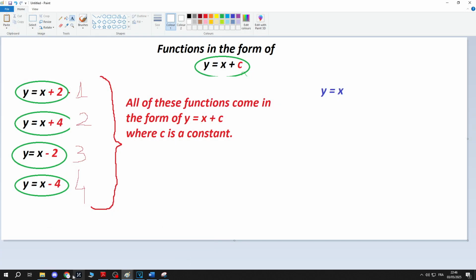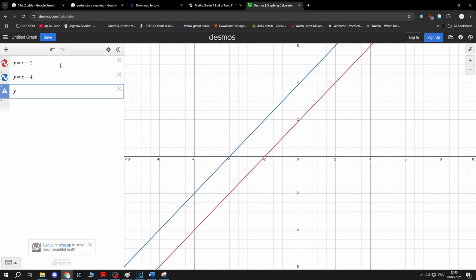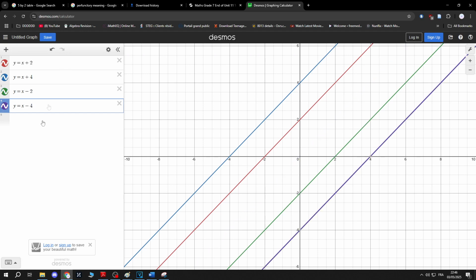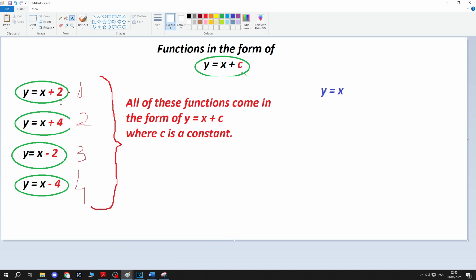So y equals x plus 2, y equals x plus 4, y equals x minus 2, and y equals x minus 4. Now, remember this. C here is 2. C in the second example is 4. C in the third example is negative 2. And C in the fourth example is negative 4.